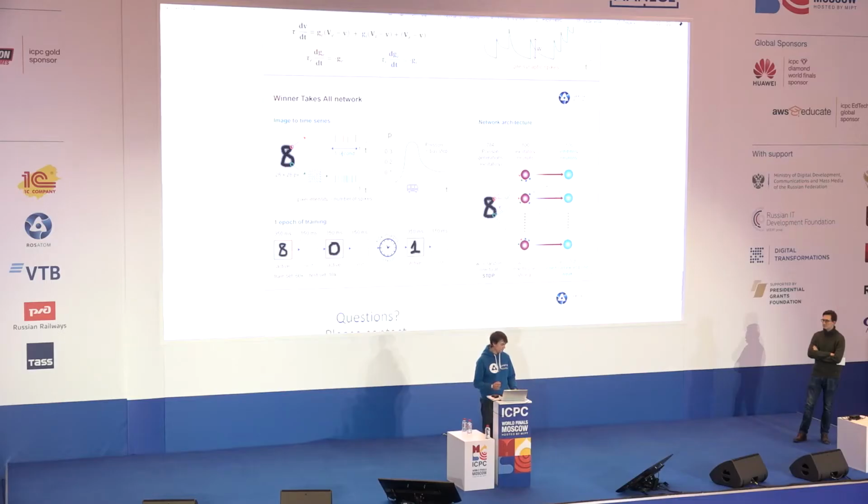How can we do it for an image? An image can be presented as an integer array. How can we convert an integer array to a time series? With the help of Poisson generators.